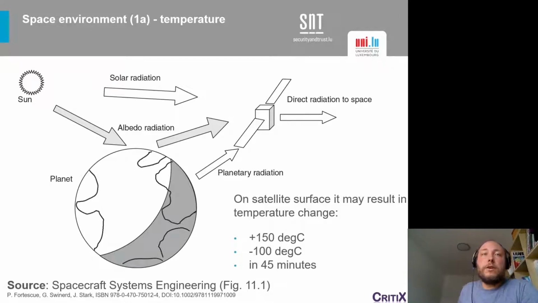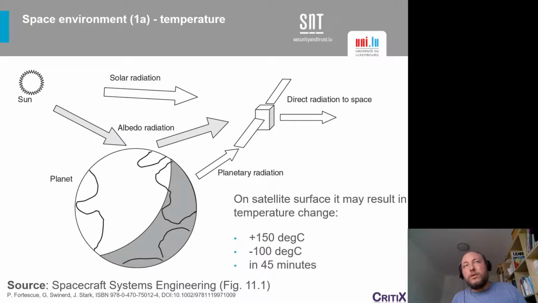And at Earth's orbit, it's sufficient really to power everything using solar panels, and also to quite easily maintain the temperature stability around 0 to 10 degrees, just by the fact that that's an average temperature of the Earth. That's going to be a quite similar average temperature of a satellite.